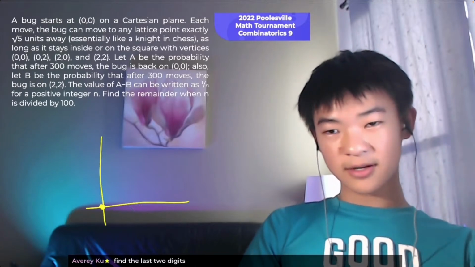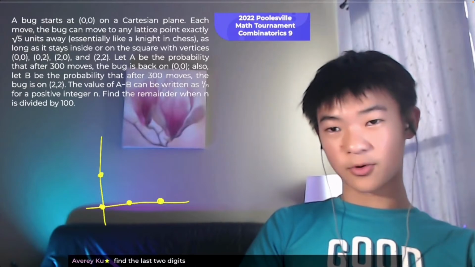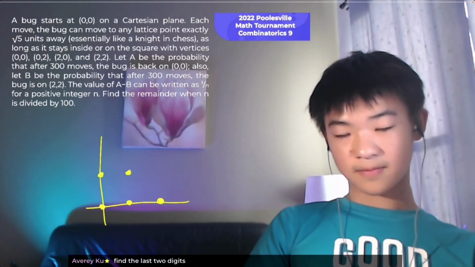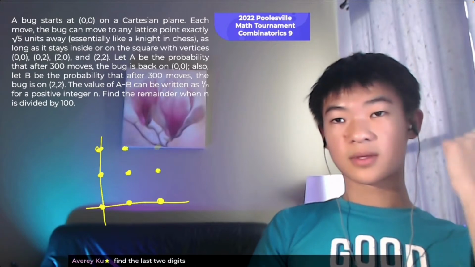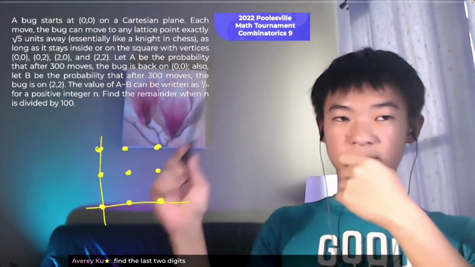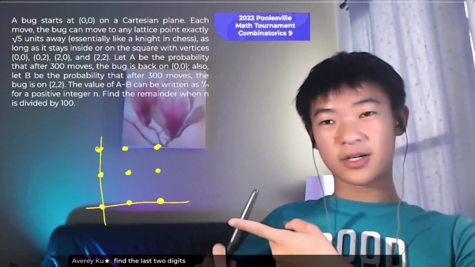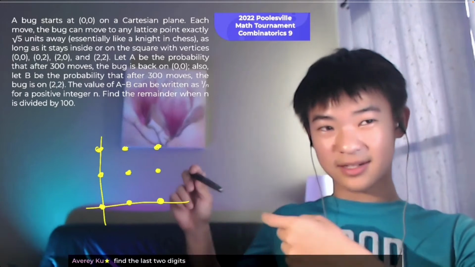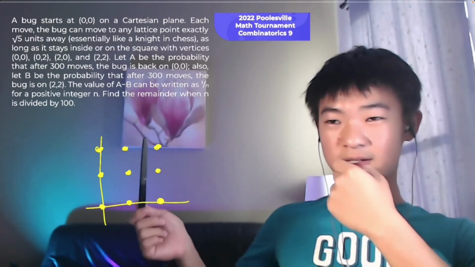So we do have some pretty tight constraints here. That's only 9 possible points. And then it jumps like a knight around these dots, and then we want the probability after 300 moves, it's back on 0, 0, and then also on 2, 2.